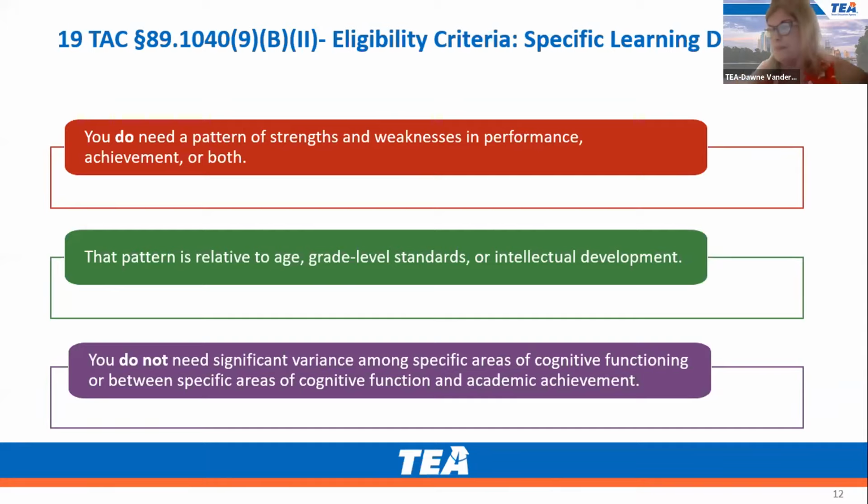In summary, the elimination of the language indicated by significant variance among specific areas of cognitive function, such as working memory and verbal comprehension, or between specific areas of cognitive function and academic achievement, essentially broadens the way of looking at all the student's data in analyzing patterns of strengths and weaknesses.